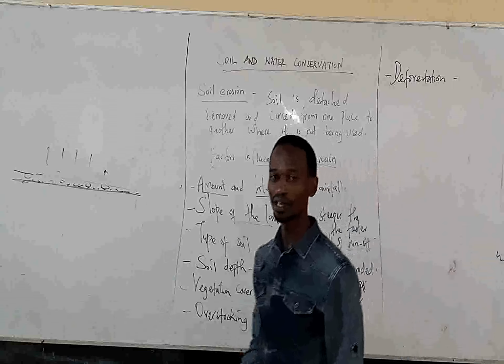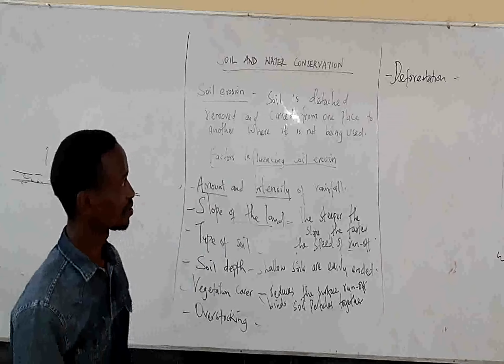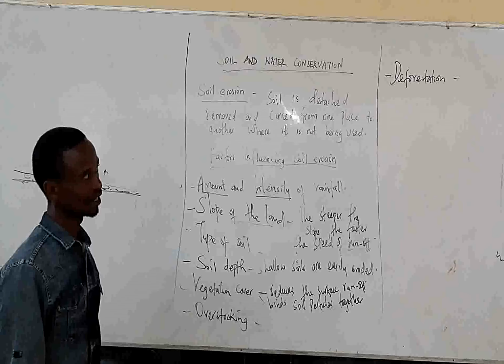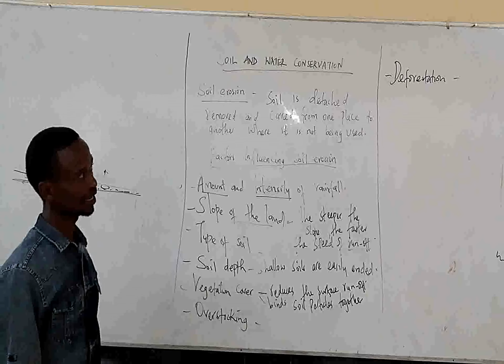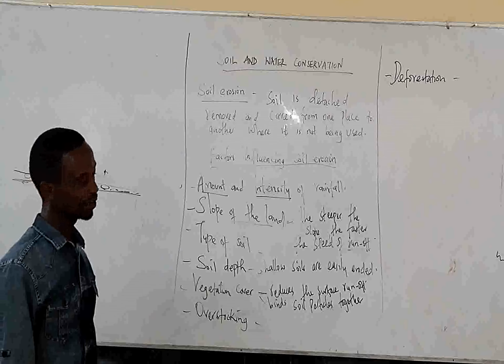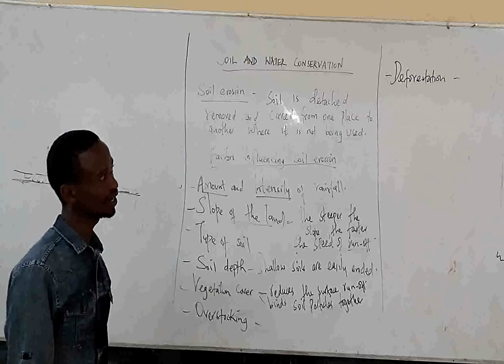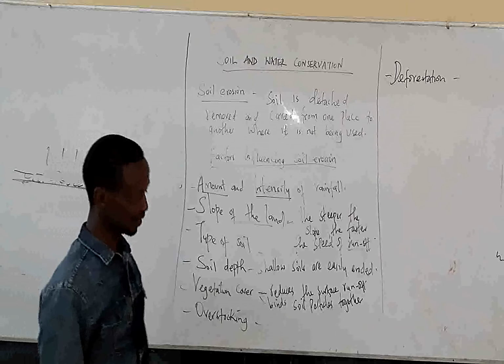Then we have deforestation. Deforestation refers to the act of cutting down trees without planting more trees. The cutting down of trees has a direct effect on the ground cover, because trees provide a good ground cover on the soil beneath.